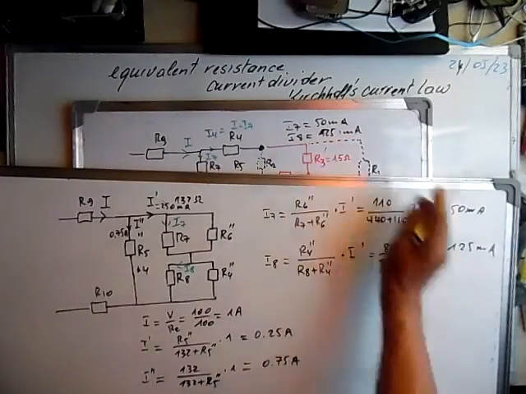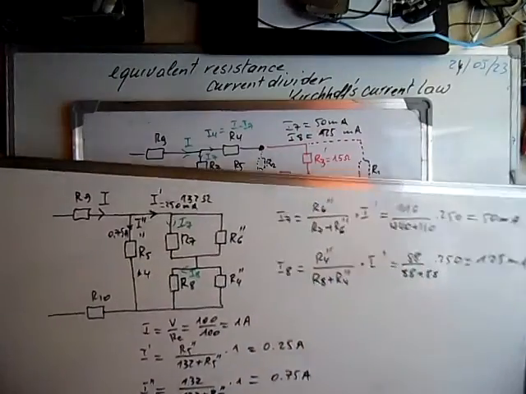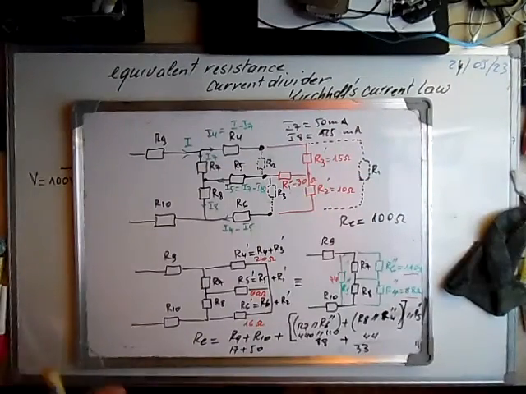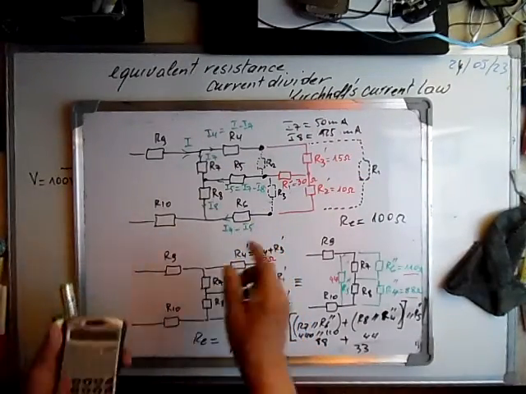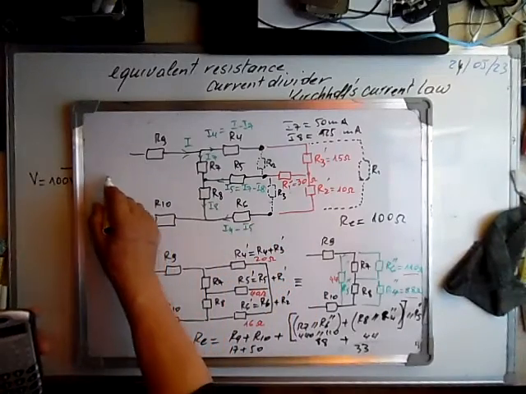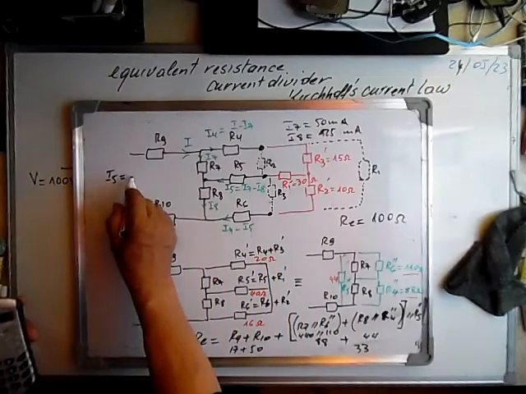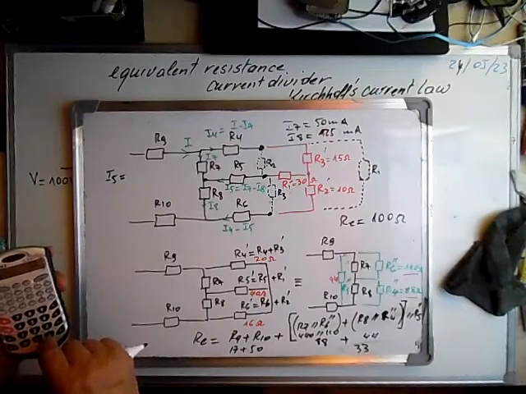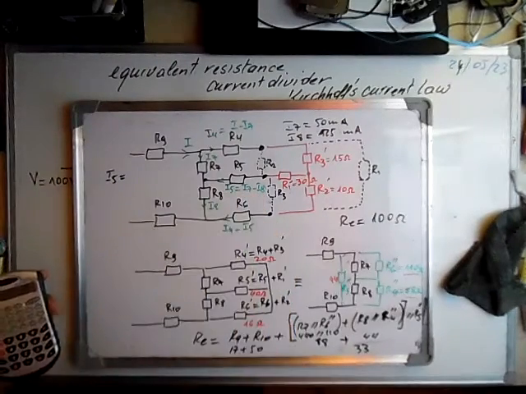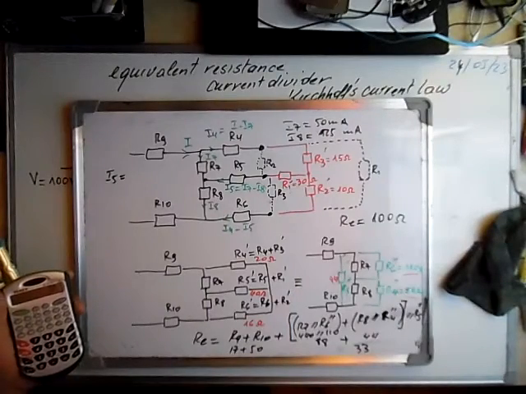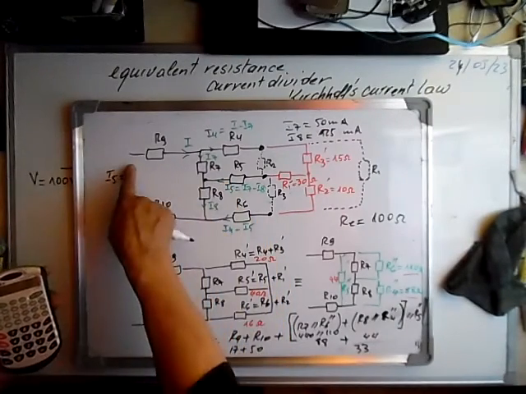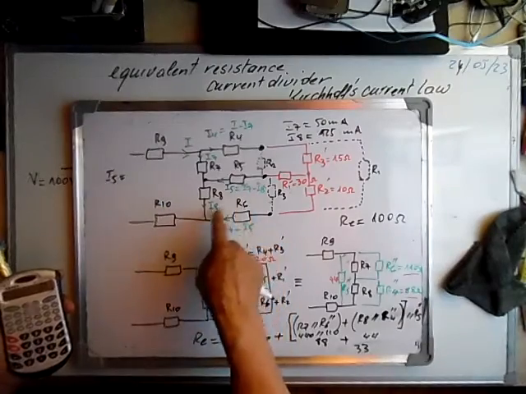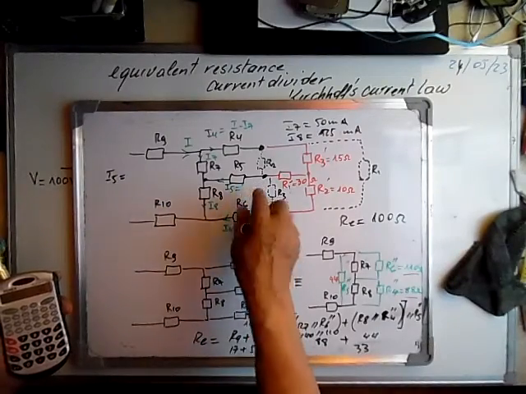I will write down again, 125 milliamp. And from this we can calculate I5. I5 is equal to I8 minus I7.